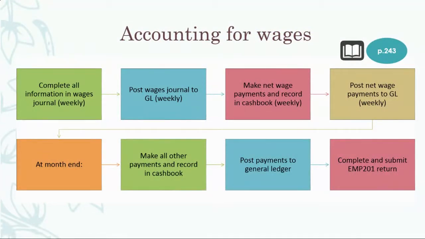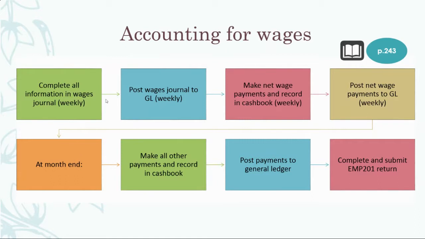And then the other thing that happens is because we do wages on a weekly basis, depending on what week we are busy with, you will potentially have to bring in the opening balances for your general ledgers to try and reconcile them. Okay, so that is the main differences between your salaries and your wages.